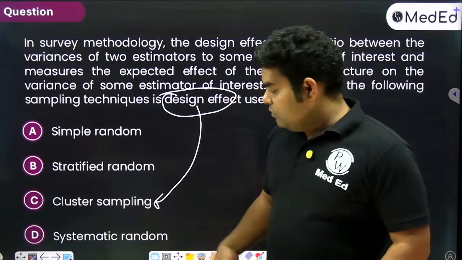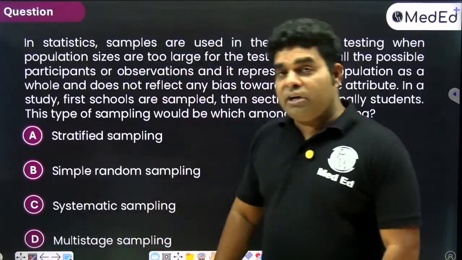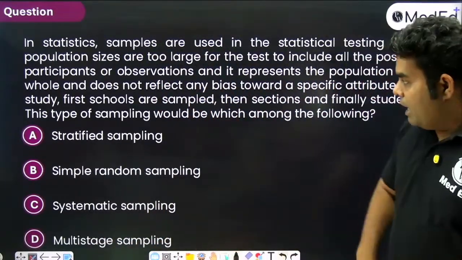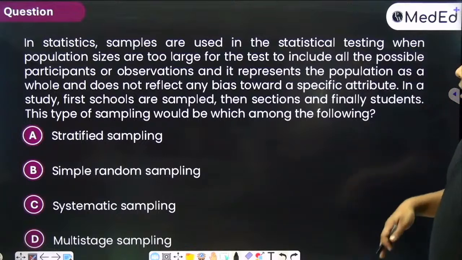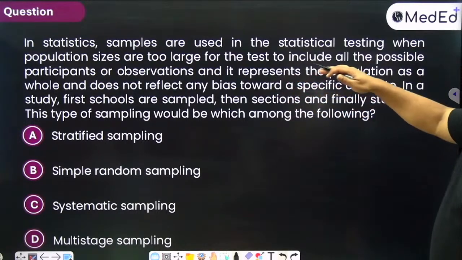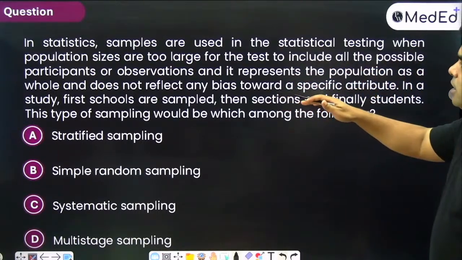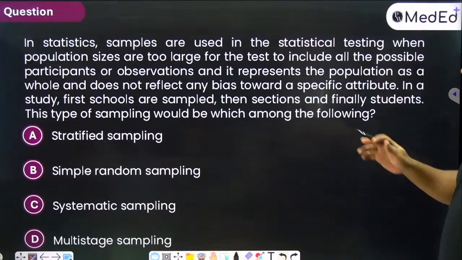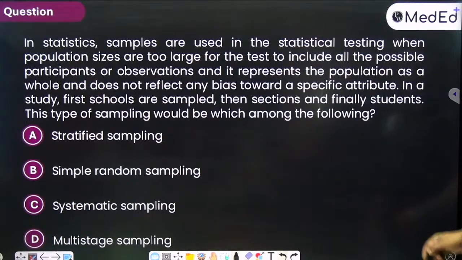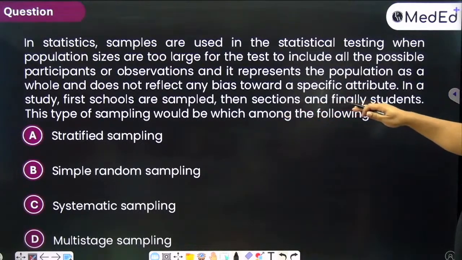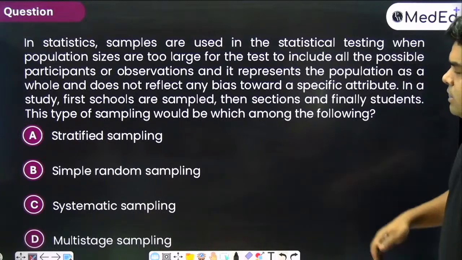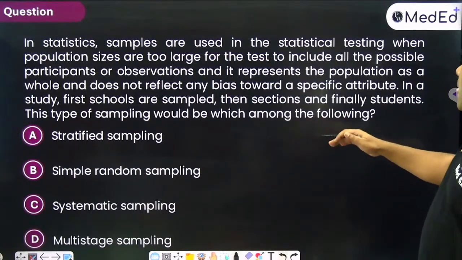We have read the sample size of cluster is always bigger than the sample size of simple random. Now they are again creating a question that samples are used in statistical testing when population sizes are too large for the test to include all the possible participants or observations, and which does not reflect any bias towards a specific attribute. In a study, first schools are sampled, then sections, and finally students.